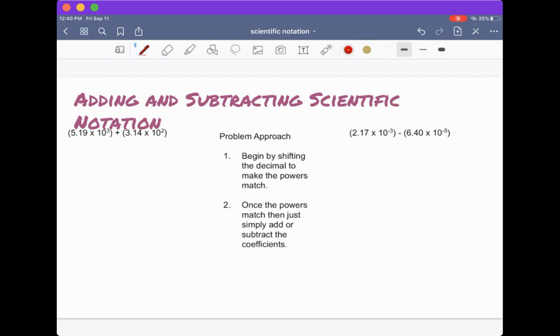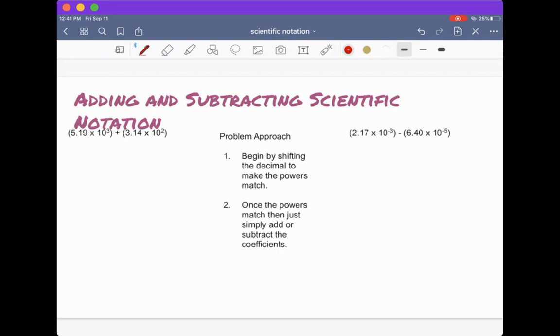And I don't want you to be so dependent on the calculator, because there are sometimes where it's simply easier to just quickly do it on paper. Of course, you can place your calculator in scientific notation mode and leave it, and it will do all the math for you. But I want you to be able to add and subtract using scientific notation.